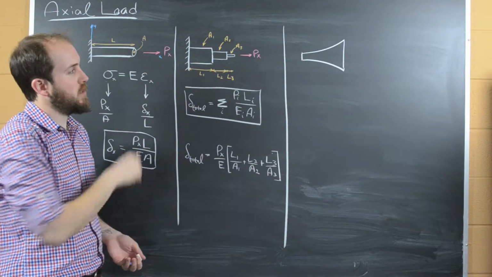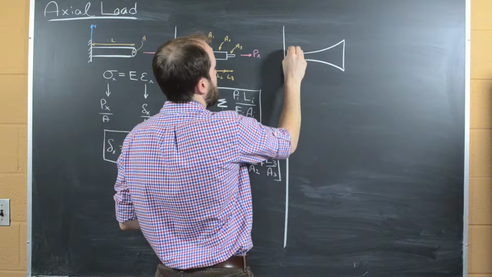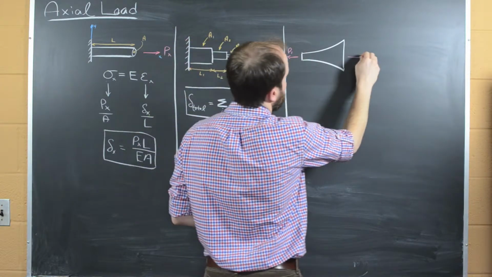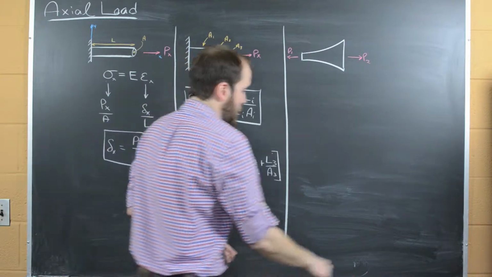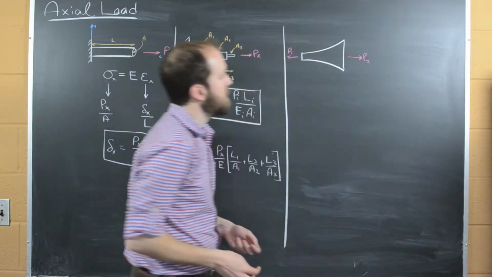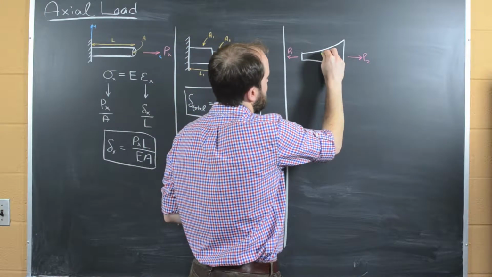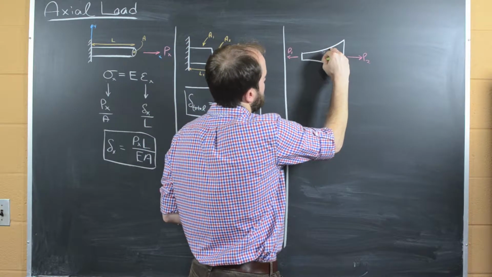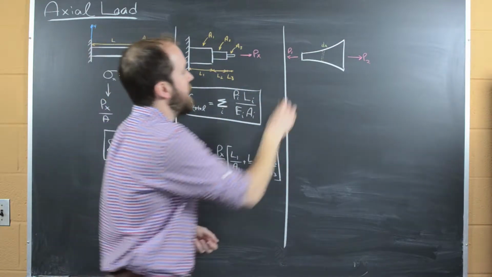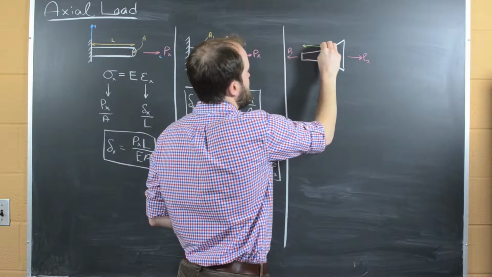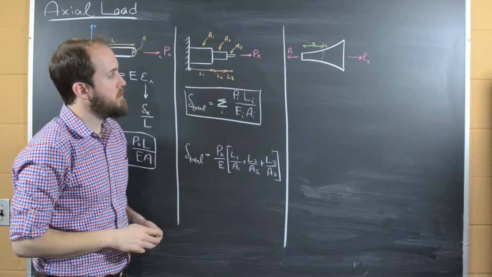So now our shape is changing along the x-axis. And we can maybe pull with P1 over here and P2 over here. And what we can do is we can take a little slice of this and look at a differential element, some small element, dx. And that element is going to be located at a distance x from this load here.